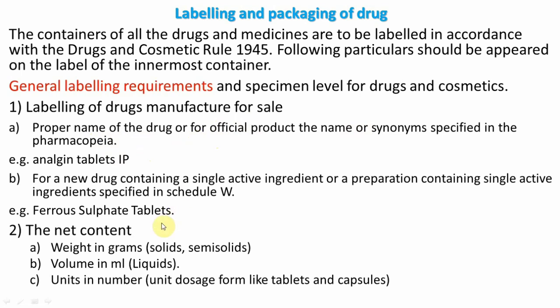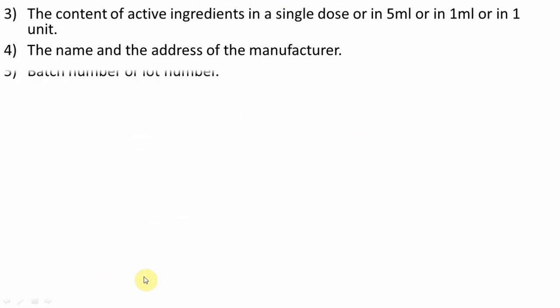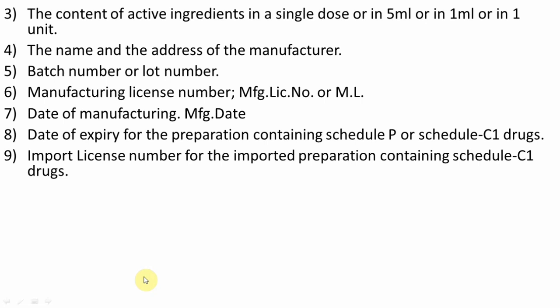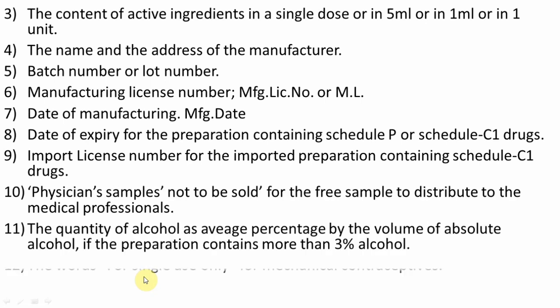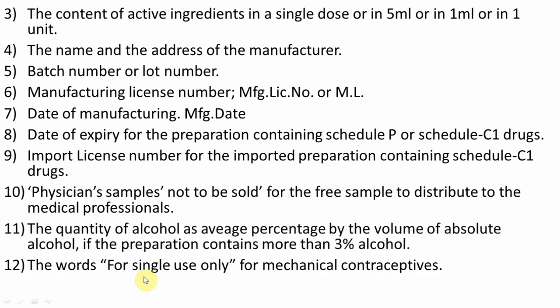For the net content, weight in grams, volume in ml, unit in numbers. Next, the batch number or lot number, date of expiry, physician's sample, not to be sold, for the pre-sample, to distribute to the medical professionals.